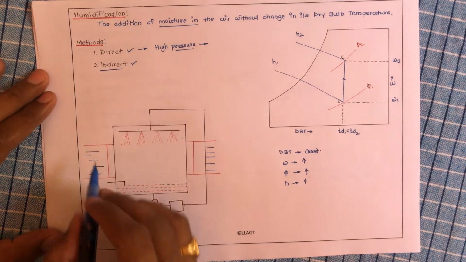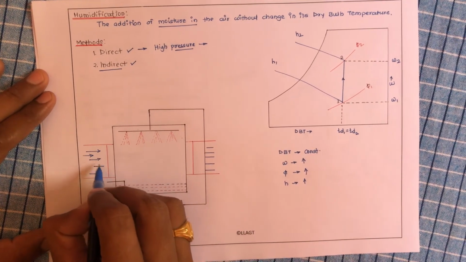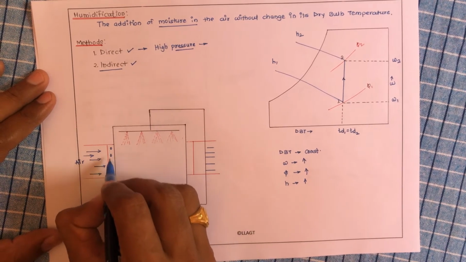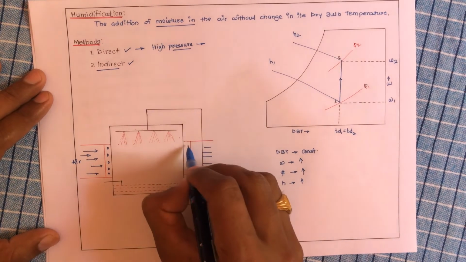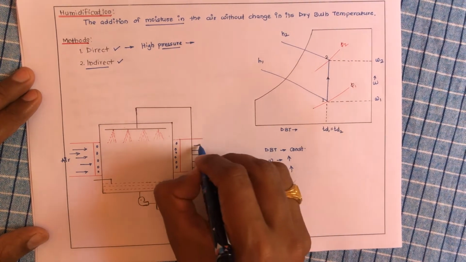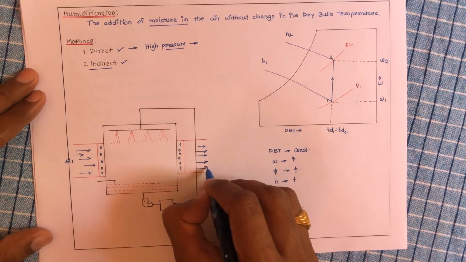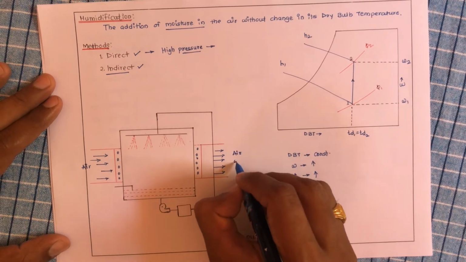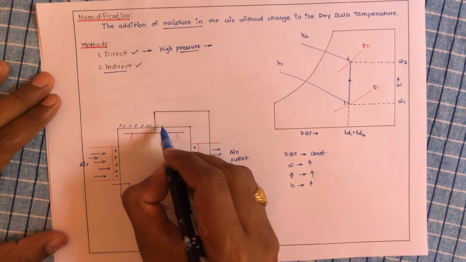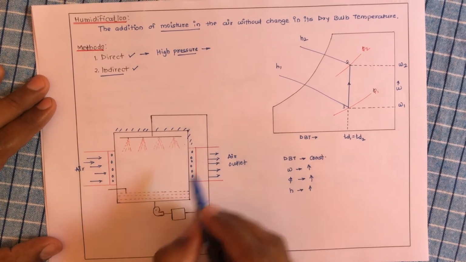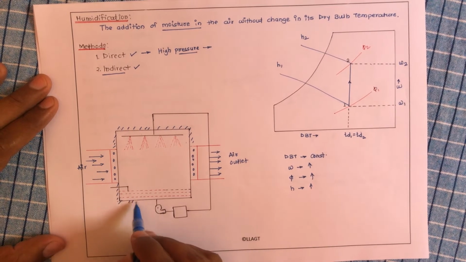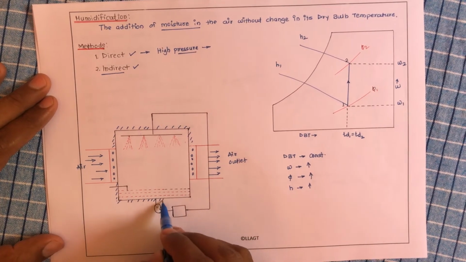Now here what we are going to do? We are going to have the inlet supply of air at a specified temperature. Here some plates are there. Here as well some plates with holes are there, and here we are getting air at the outlet. This is nothing but one insulated chamber. Now inside that insulated chamber, what is there?